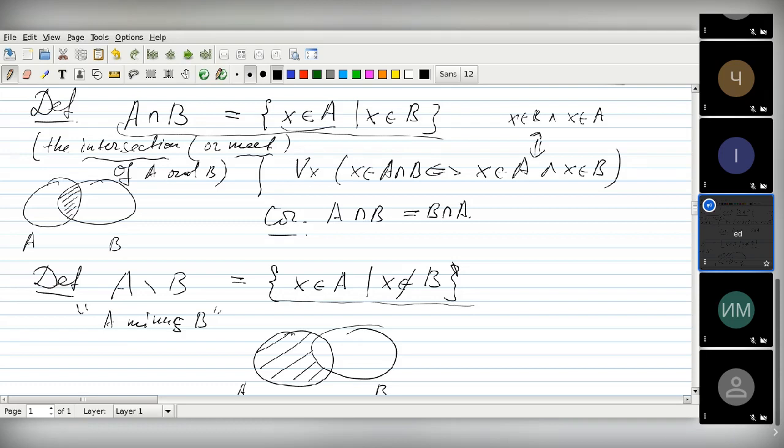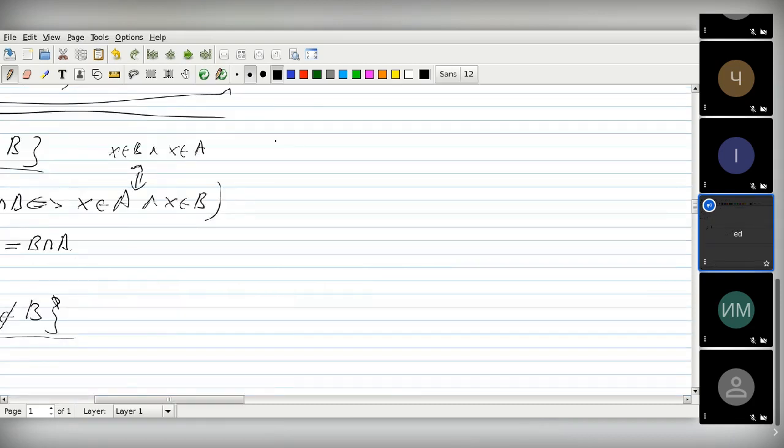And now let's explore some simple properties of these operations. Lemma. I say that the intersection of A and B is a subset of A, and A is a subset of the union. Is it clear?